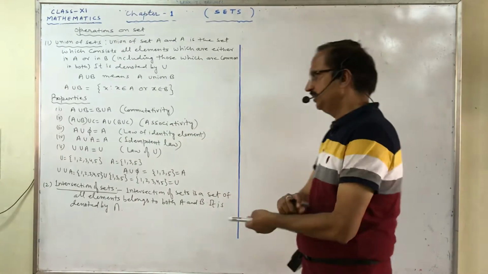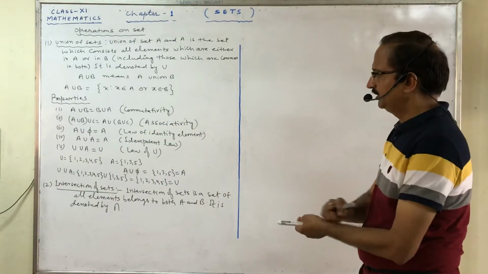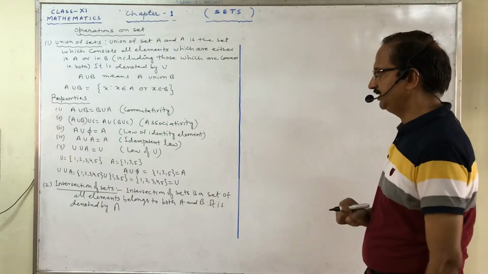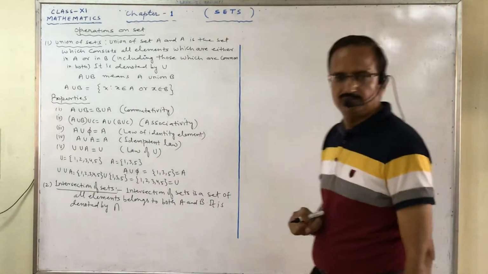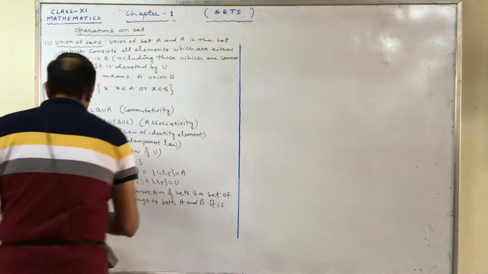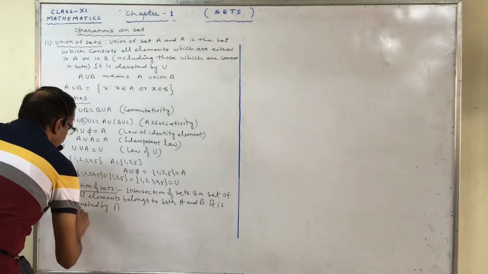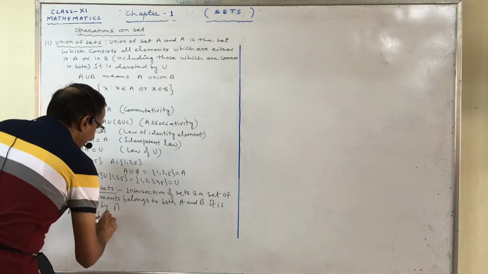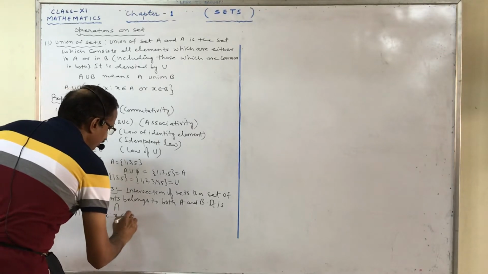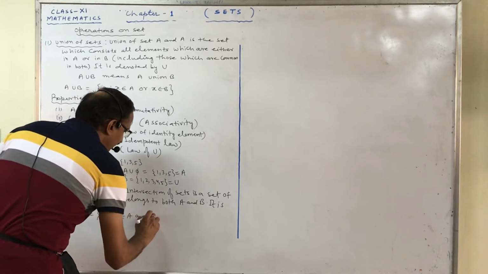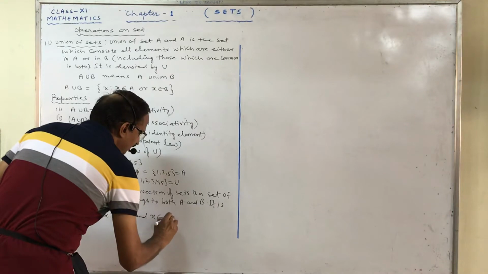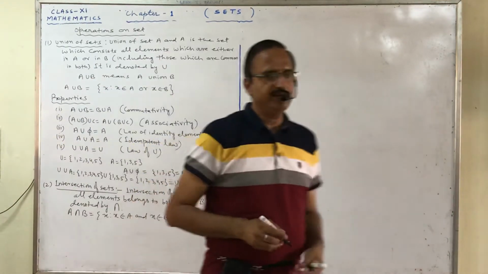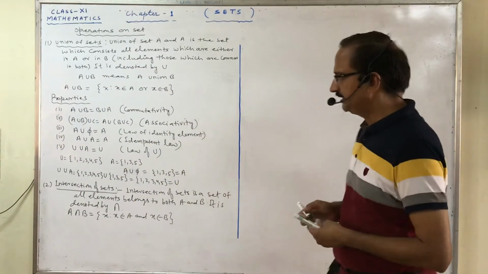When we invert the symbol of union, we get the symbol of intersection. Now symbolically we can write A intersection B equals {x such that x belongs to A and x belongs to B}. It means the element must belong to both sets.